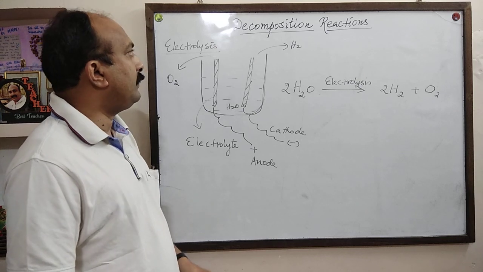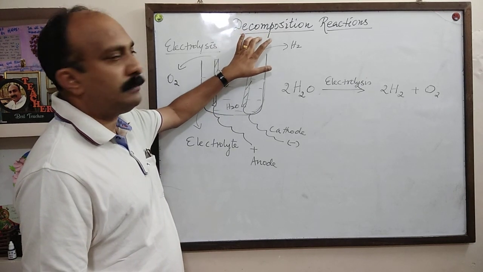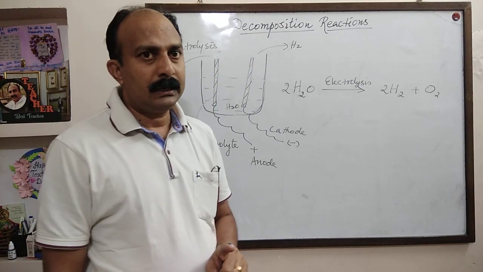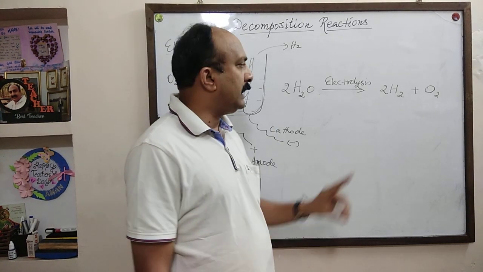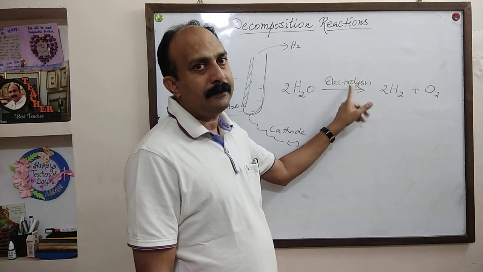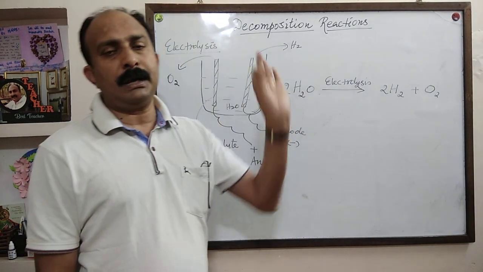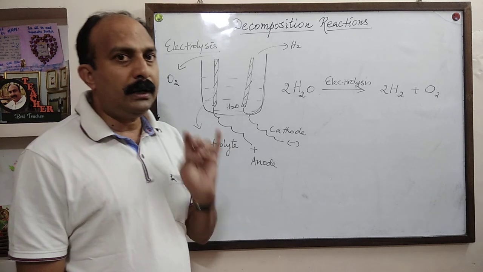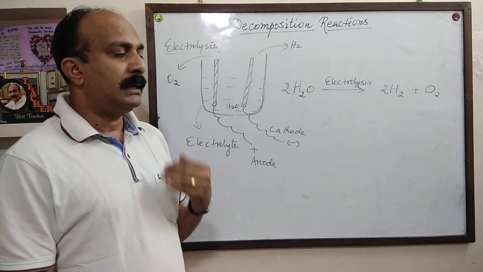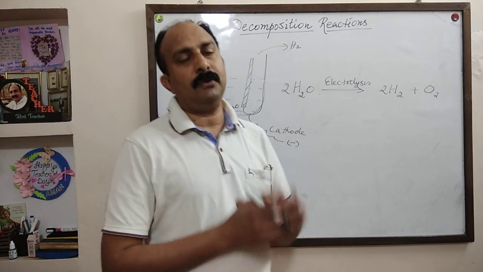So electrolysis of water is an example of decomposition reaction. Here the energy that is used for decomposition is electricity. This type of reaction is also known as electrolytic reaction. Electrolytic reaction: reaction in which electricity is involved.